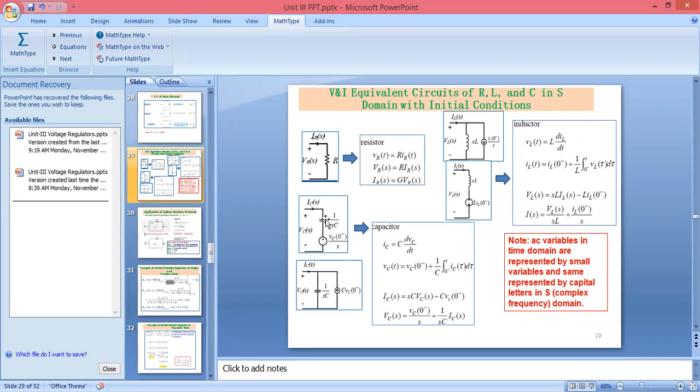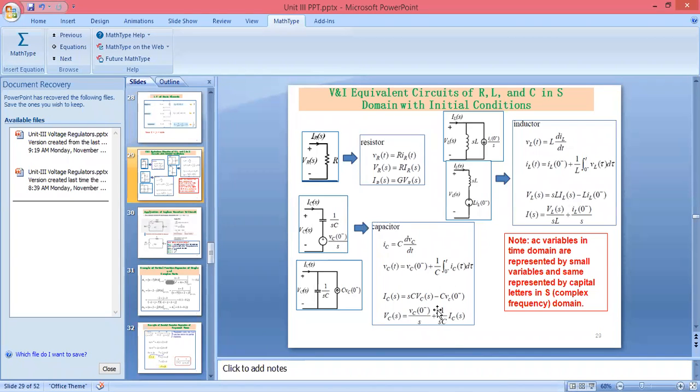Already we have seen in the RC circuit, we can take integration 1 by C, integration 0 to t, IC dt. In that way, we will get the voltage across that capacitor in the time domain. If you are calculating in the frequency domain, you will get Vc of S equal to Vc 0 minus upon S, because I have written here in the frequency domain.